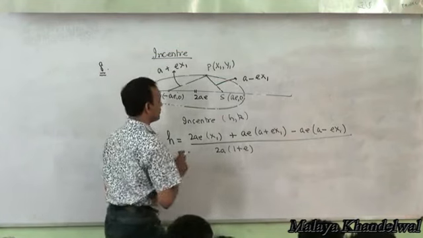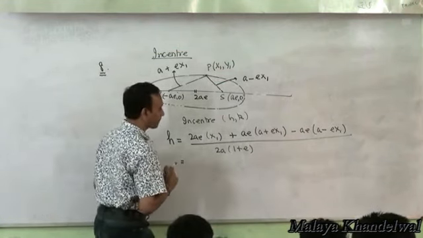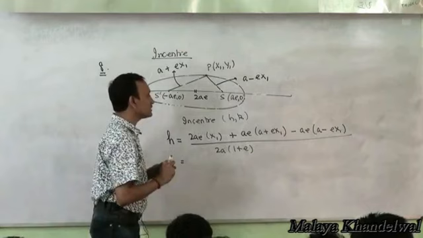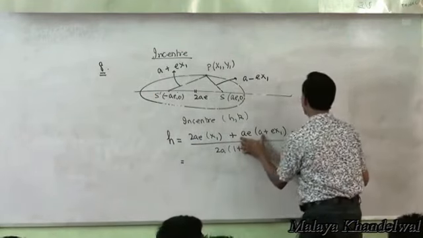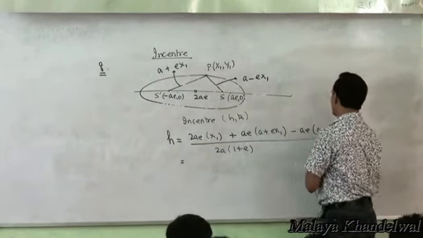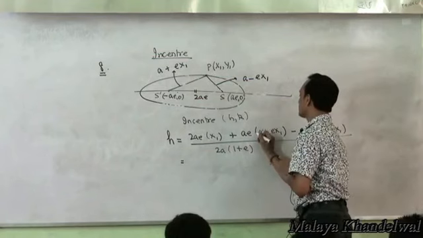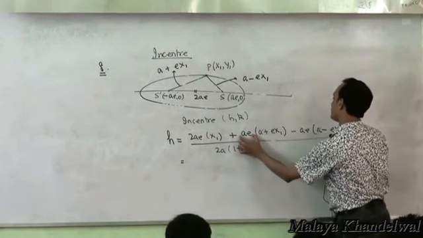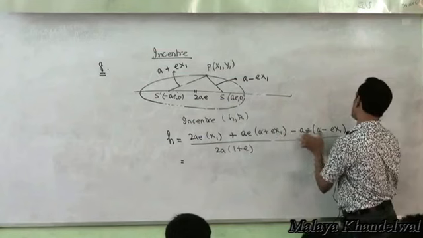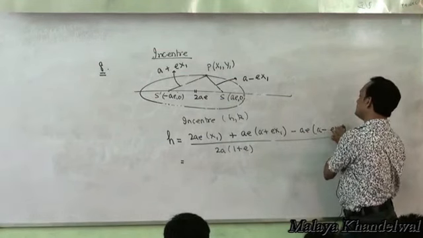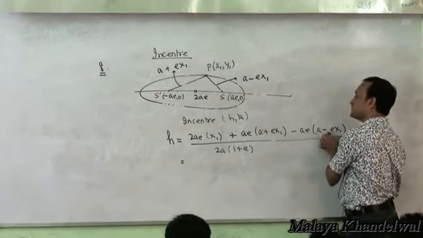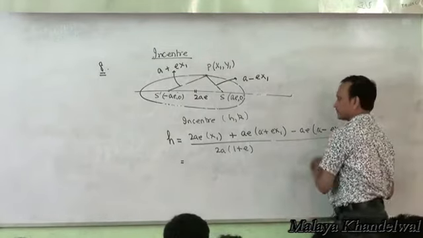This, as you can very easily see, is, in this, a e a and minus a e a would get cancelled, right? And then we have ae into ex1 plus ae into ex1, that's 2ae into ex1.